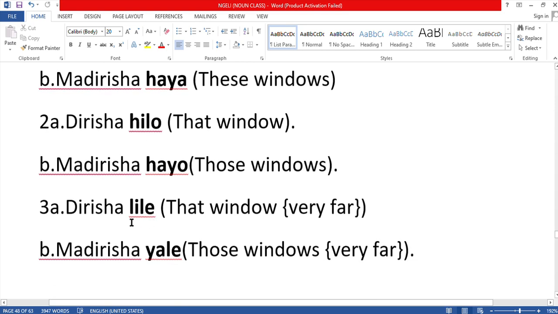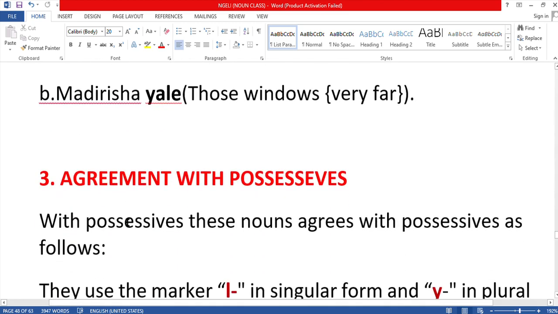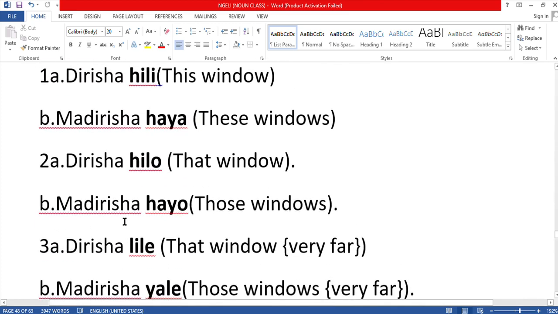Dirisha lile. That window. That one very far. Madirisha yale. Okay? Now we are done. I just gave a few examples here.